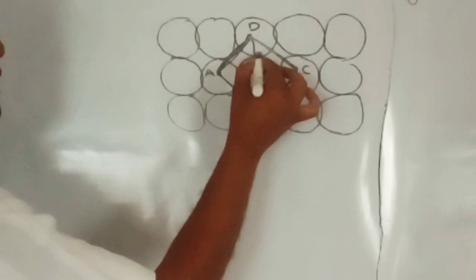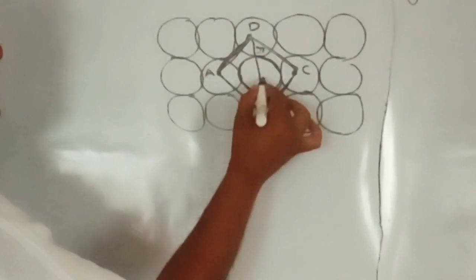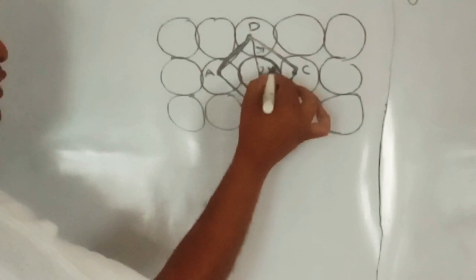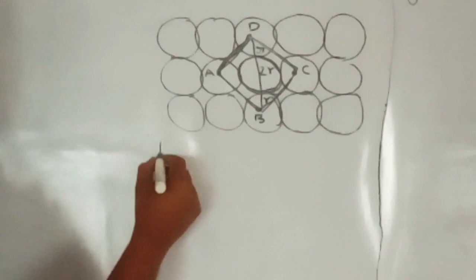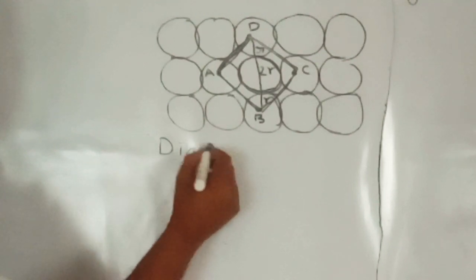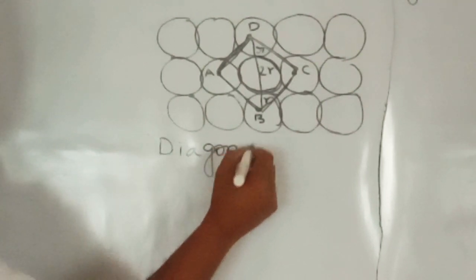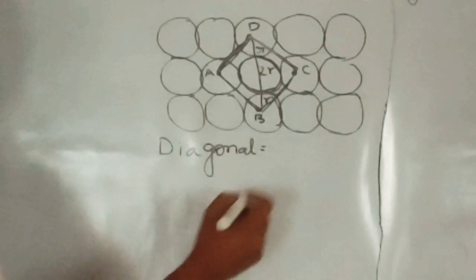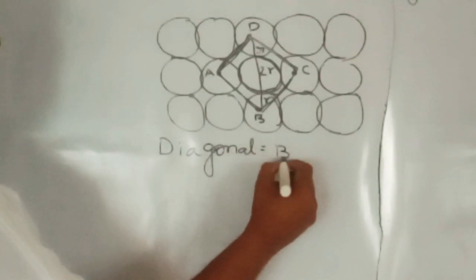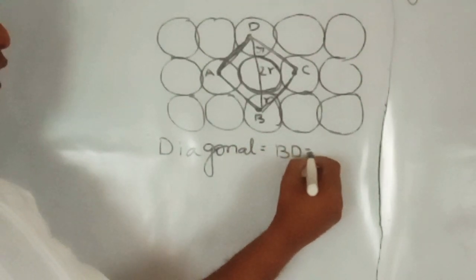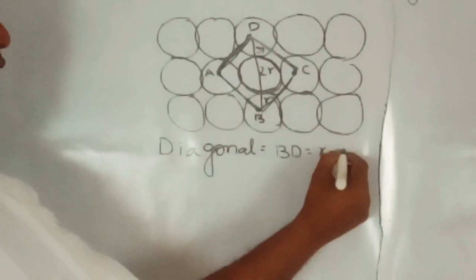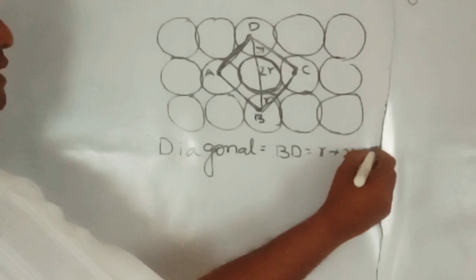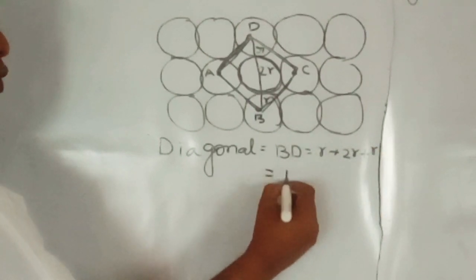So beta, this is a radius of a sphere, this is a diameter of the sphere, and this is also a radius. It means in a square close packing, the diagonal BD is equal to R plus 2R plus R, that is 4R.